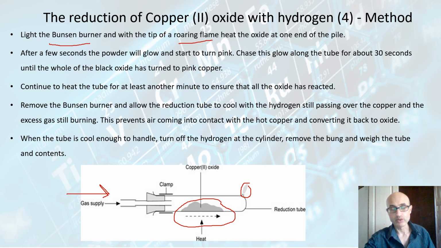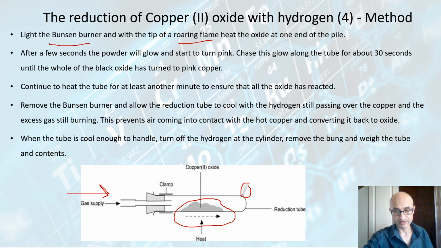He also explains that the correct procedure is not to just stop heating as soon as all the copper metal appears pink, but to keep on heating for a further minute to ensure that any unreacted copper 2 oxide will actually be reduced to copper.